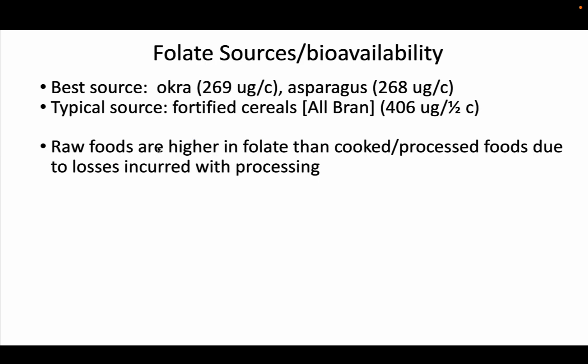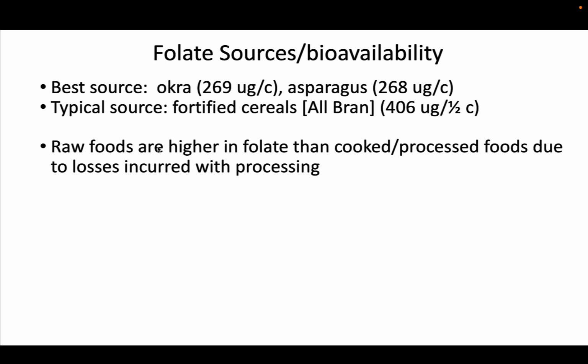For folate sources and bioavailability, if you were just thinking of broad best sources, okra is actually a really good source of folate, as is asparagus. But more typically in American populations, we get most of our folate from fortified flours and cereals.